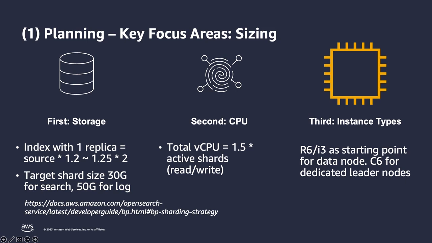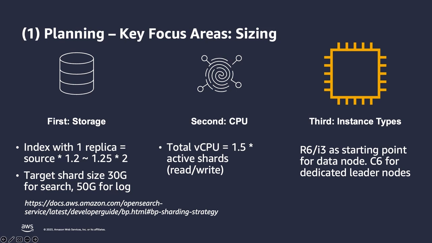And then the 2 multiplier is to multiply that source data by the replica. Within Amazon OpenSearch, we have a concept of primary shard where the write operation happens, and a concept of replica shard, where the replica can be used for read operations and high availability.